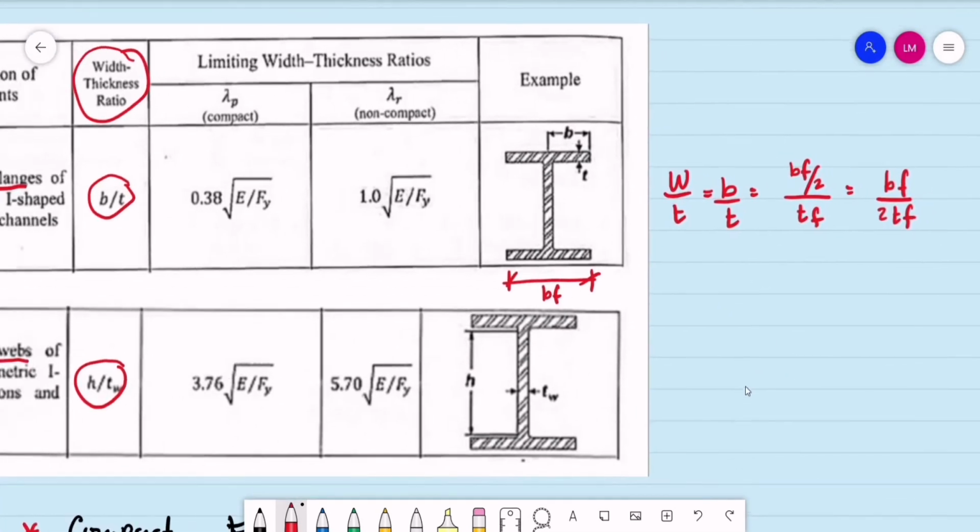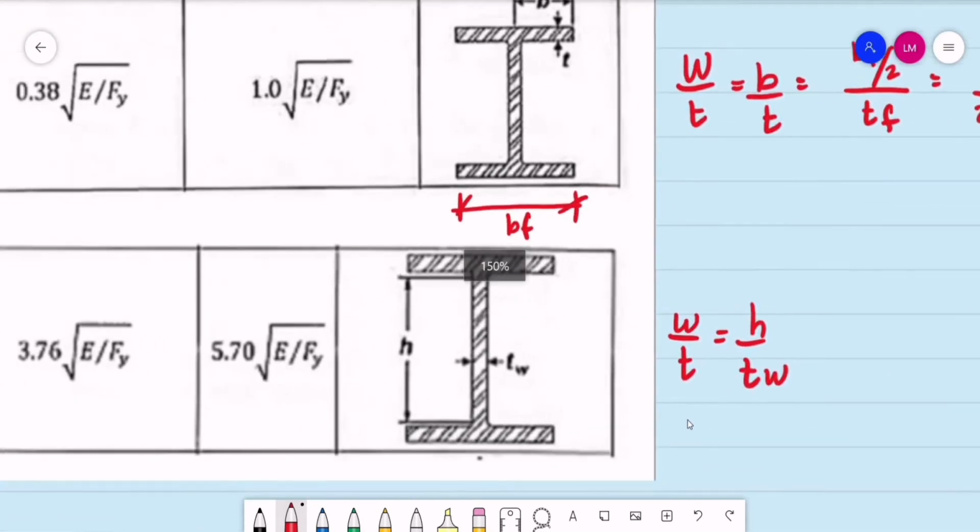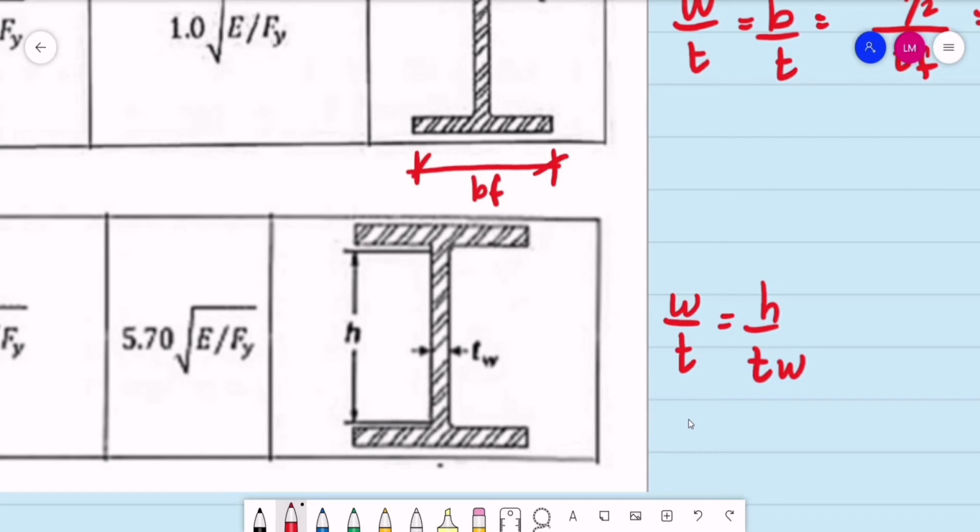Then for the webs, the equivalent width to thickness ratio is equal to h divided by, to be more specific, the thickness of the web. So what is the value of h? If we are to observe or zoom in on this figure, the dimension h is, I think, the end of the fillet of the connection of the flange and the web.